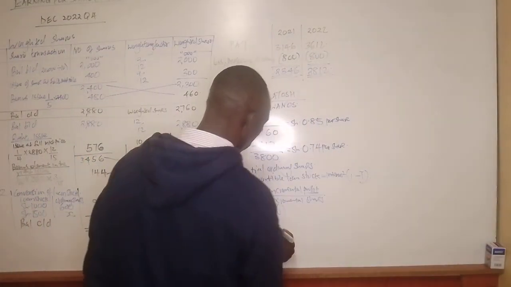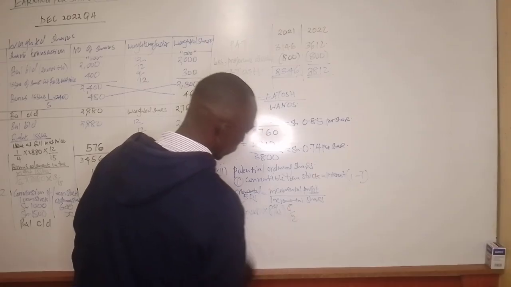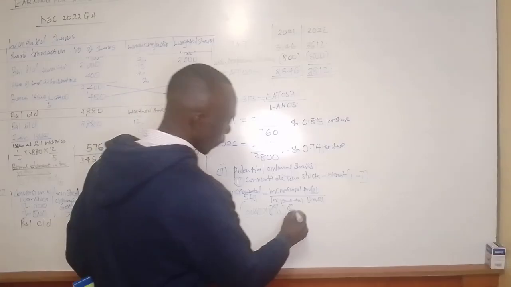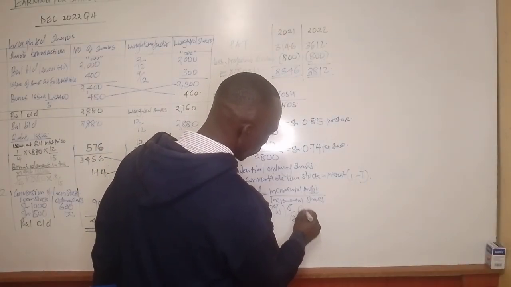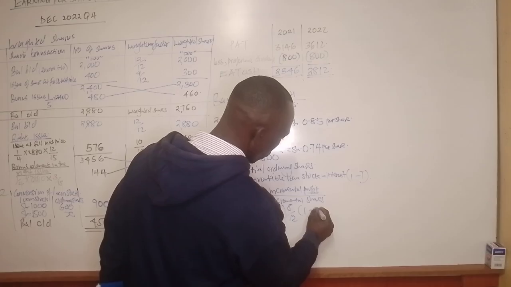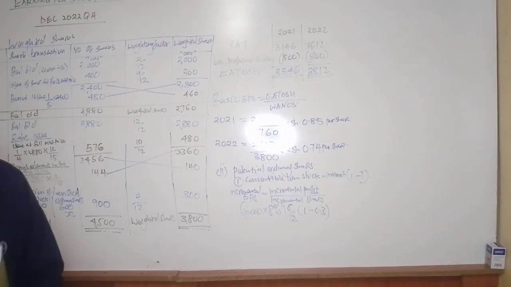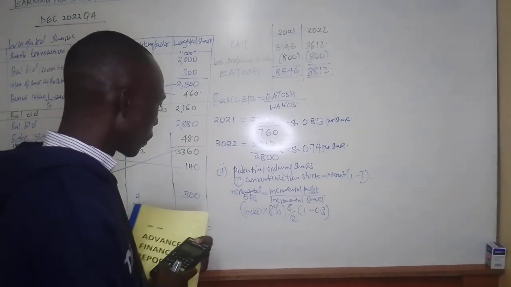So in this case, you multiply by 8 out of 12. Then from there, you are going to have 1 minus 0.3, as you are told that the tax rate is 30%. So let us see how much we are going to get.